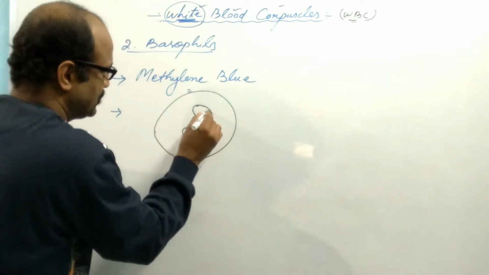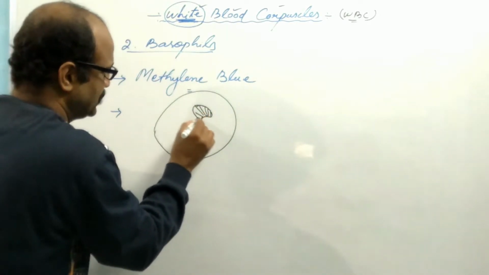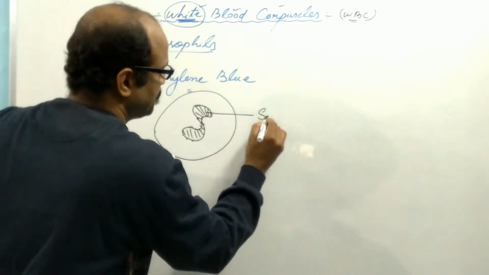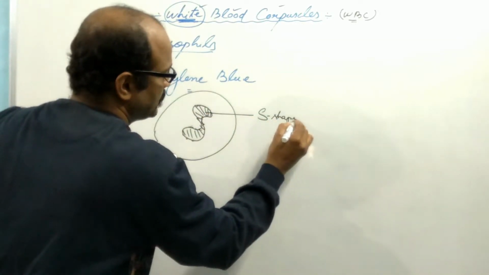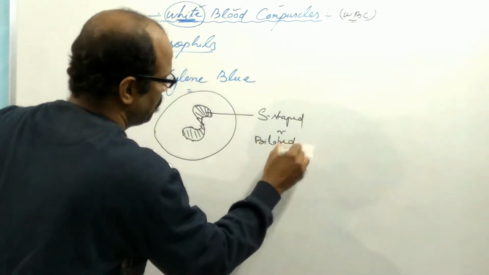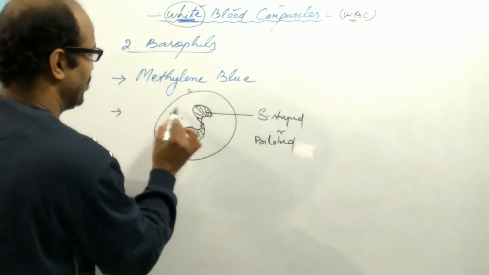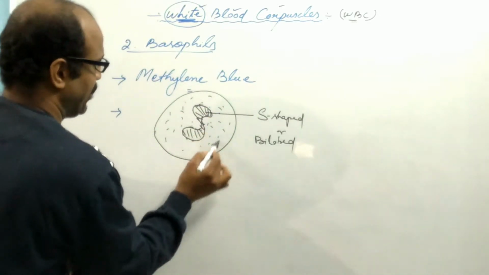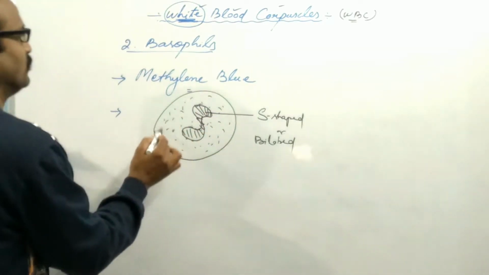So here the nucleus is bilobed and S-shaped, and has granular cytoplasm.